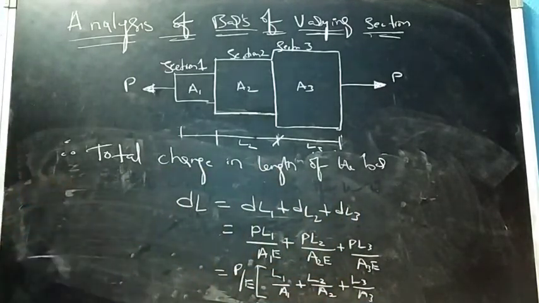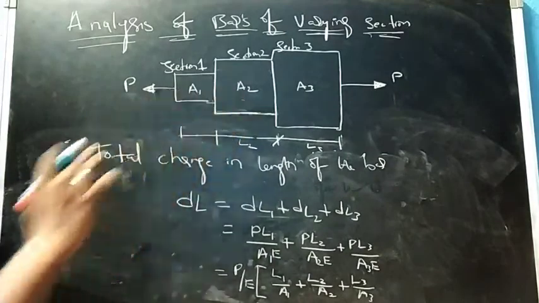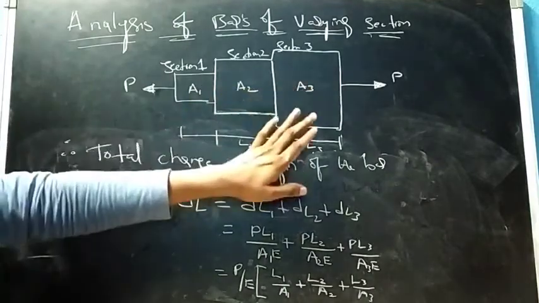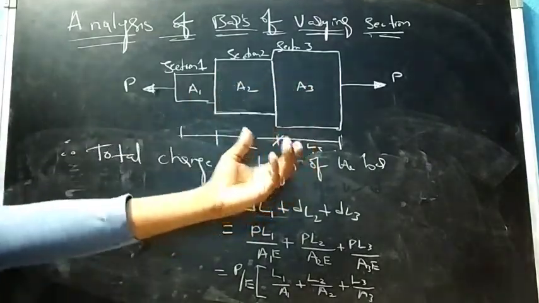This is when the Young's modulus of different cross sections is the same.